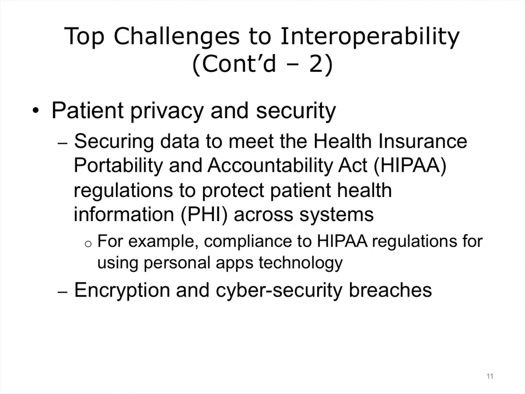Another challenge is encryption and cybersecurity breaches. Electronic PHI has been encrypted as specified in the HIPAA security rule by the use of an algorithmic process to transform data into a form in which there is a low probability of assigning meaning without use of a confidential process or key, per the 45 CFR 164.304 definition of encryption, and such confidential process or key that might enable decryption has not been breached.